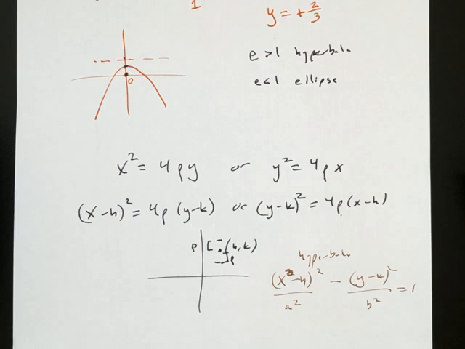Hyperbolas and ellipses are almost the same. The difference is the sign in the middle being plus or minus. Ellipse is plus, hyperbola is minus. Because an ellipse is a circle that's been stretched by a different number, A or B, rather than a radius.